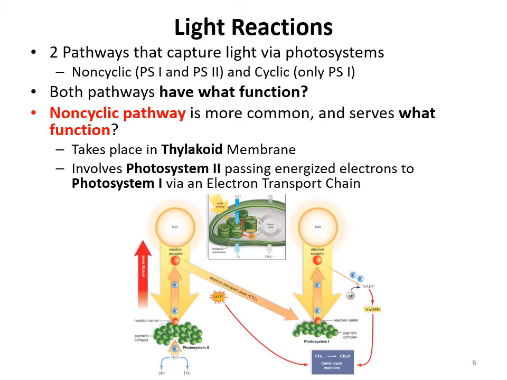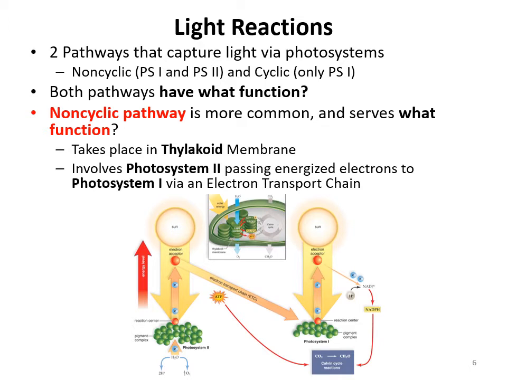Now, when we talk about the light reactions, we can further break this down into two pathways as well. Okay, so the two pathways that you see here are the non-cyclic and the cyclic pathways. And you see them written as PS1 or PS2, and what that stands for is photosystem 1 or photosystem 2.